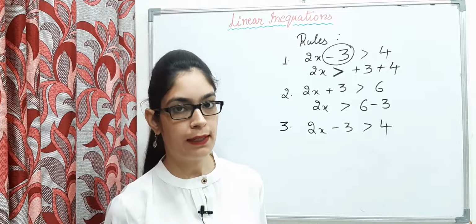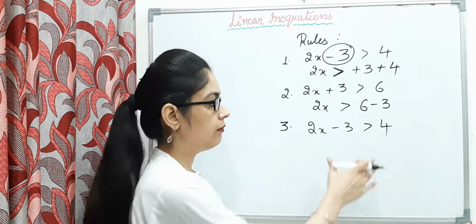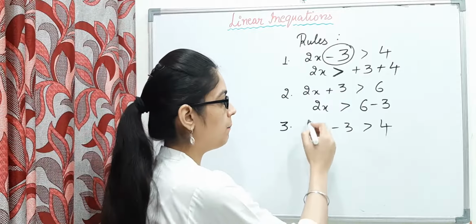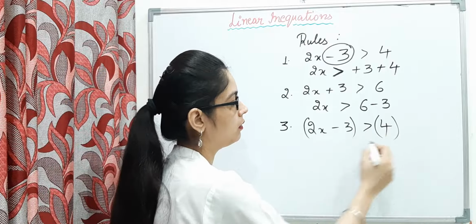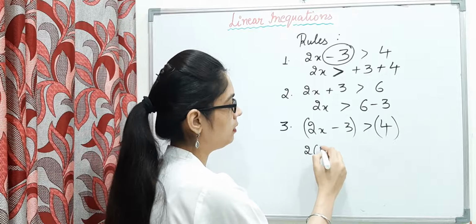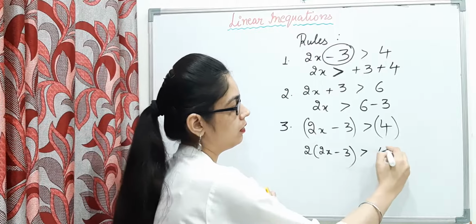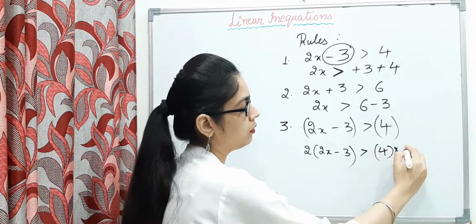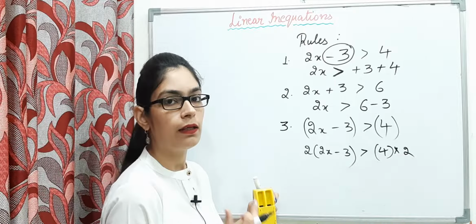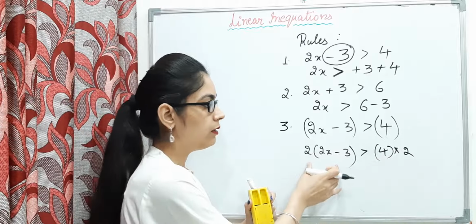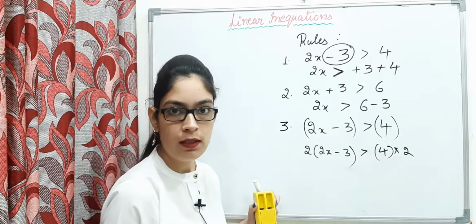Now if I multiply or divide the given expression by the same number, the change should be on both sides, 4 into 2. In that case also, the sign of the inequality will remain the same and there will not be any change in the inequality.